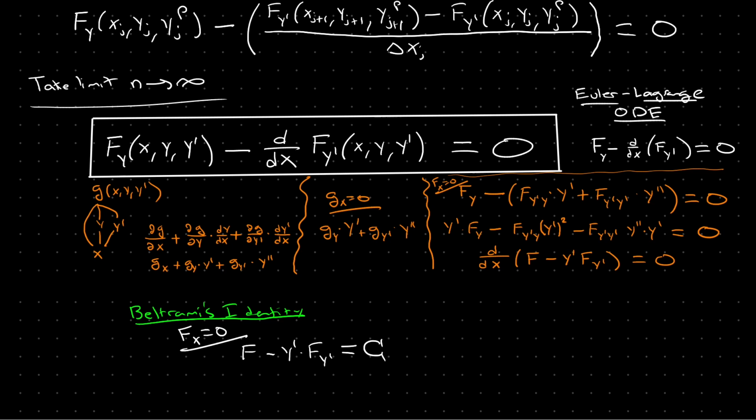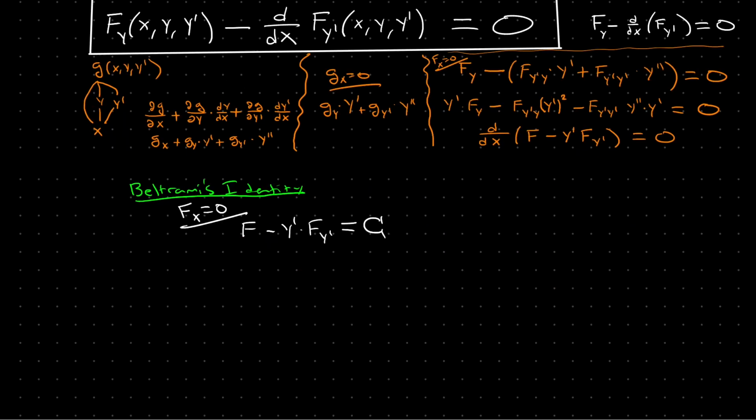But under the assumption of no explicit dependence on x, we see that this second order ODE is solved via a very simple method of solution. And then for a given problem, you need to go through and solve this new ODE if f does not depend explicitly on x.